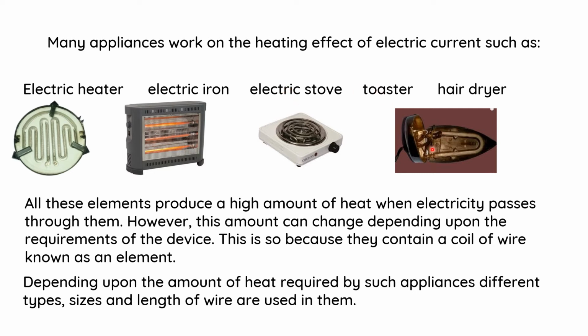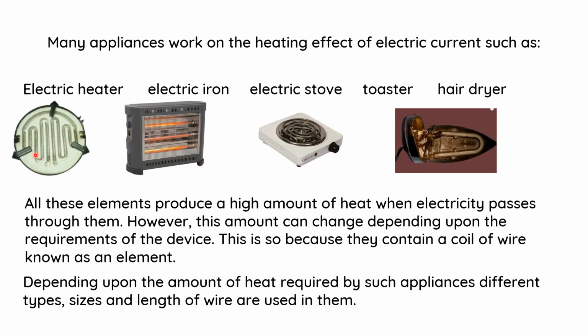First, take this iron box, or electric iron. This is the opened iron box, and you can see this is the coil. Through this the electricity passes, this coil heats up, and we get the heat for ironing the cloth. And this is the electric stove. Here also you can see some coils, and this is an electric heater.